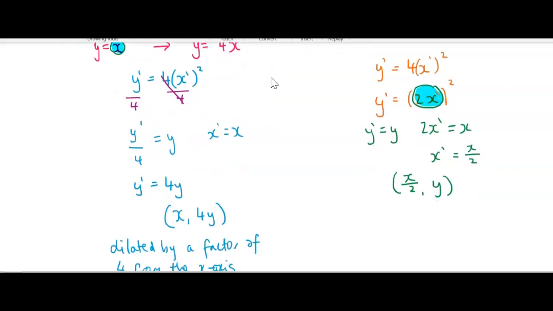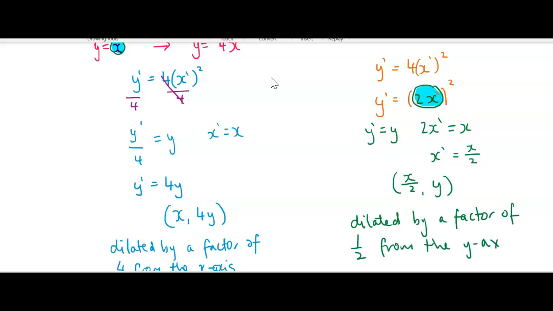So you can see now we have a dilation on our x. Sorry, we have a dilation from our y-axis, but the factor is applied to the x. So dilated by a factor of 1/2. Okay, so that's the coefficient of x from the y-axis.